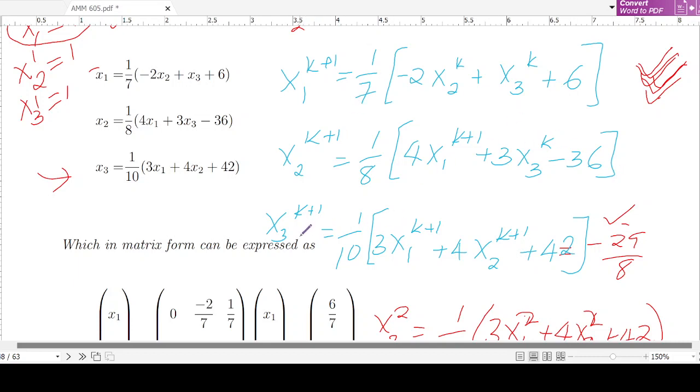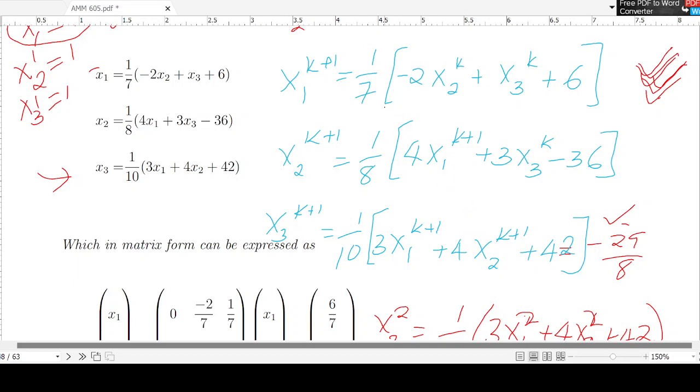But when it comes now to computing x3, we see that x1 has been computed in the current iteration, x1 k plus 1 here, and here, x2 k plus 1, so we use them. So that equation does not have values from the previous iteration. We only have values from the current iteration.